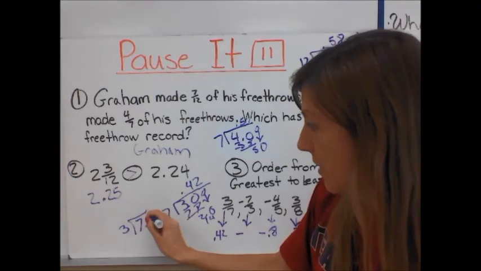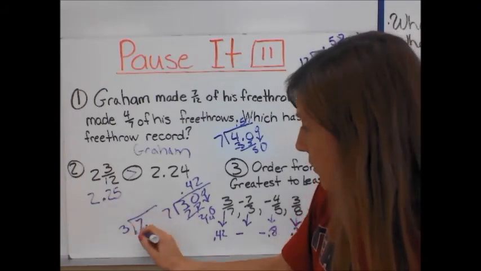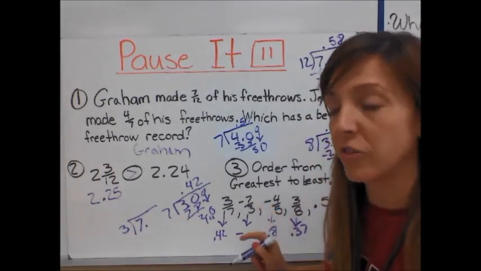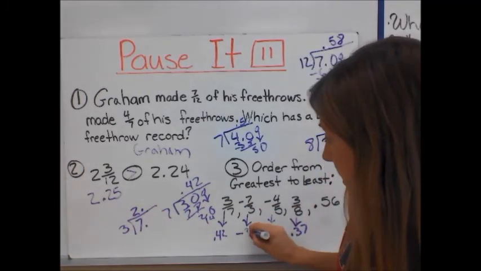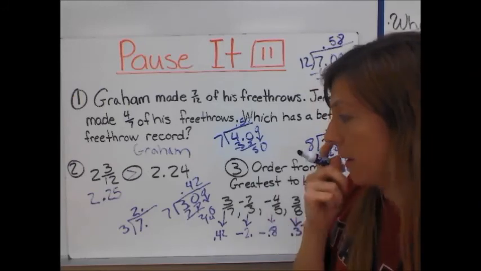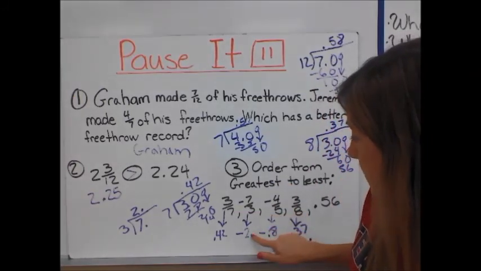This is actually going to give me a whole number because 3 does go into 7. This is an improper fraction. This is -2 point something. This is a whole number.